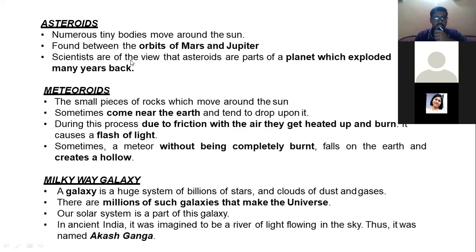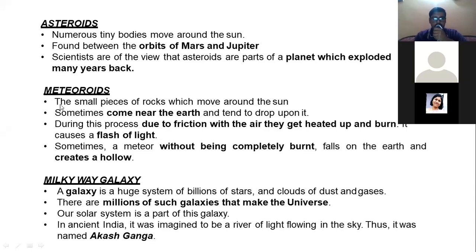I have shown you the figure of the asteroid belt, which is found between the orbits of Mars and Jupiter. Scientists are of the view that asteroids are parts of a planet which exploded many years ago, and that theory is correct. These are the fragmented parts of a planet which disintegrated, and then they come towards Mars and create deep depressions over there.